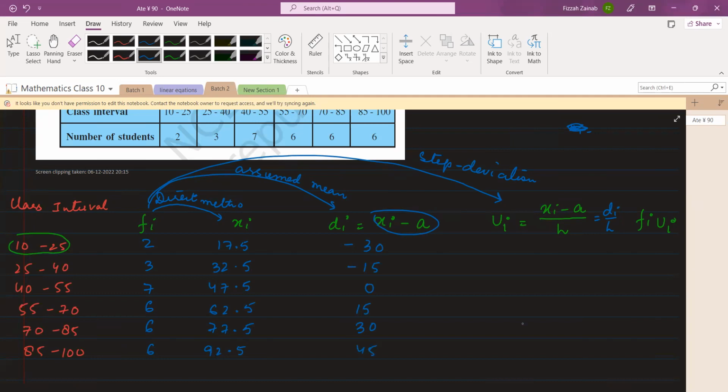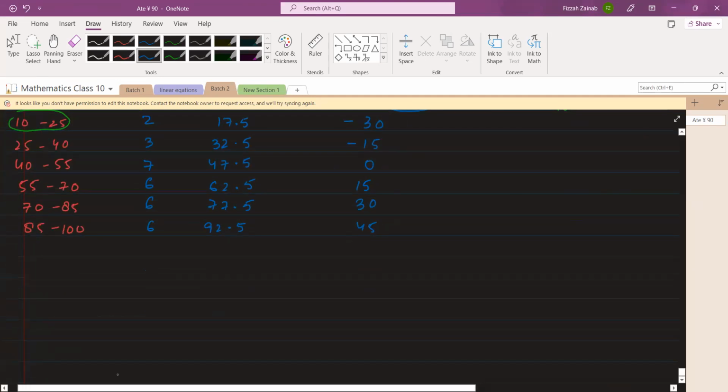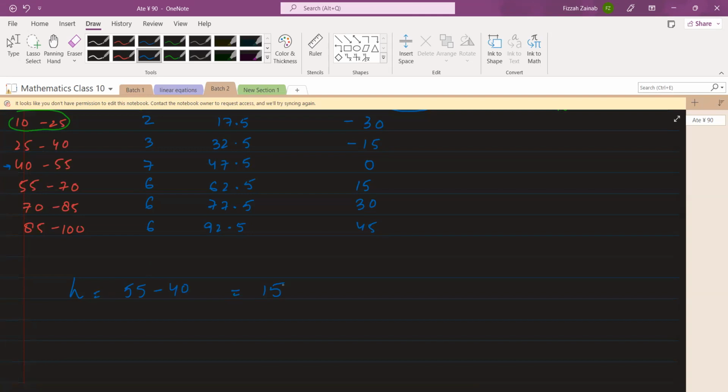Now let us find Ui. So separately write down what is your H here in this question. Your H is any number you can take. If I just take this, for example, 55 minus 40, how much is it? 15. So this is your H, which is class size.